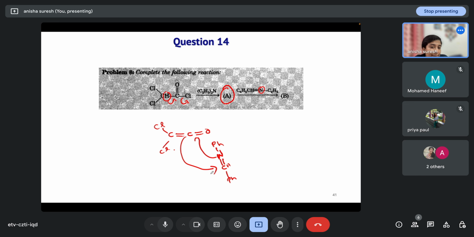Okay. Yes, ma'am. So then a 2 plus 2 cycloaddition reaction will be taking place, giving this final product. Okay, right?